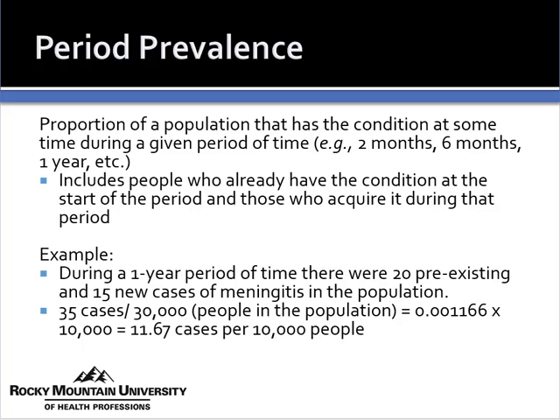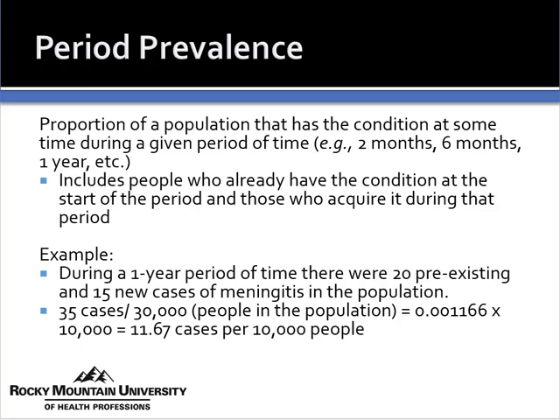So what period prevalence does is account for everyone in that period of time. If you did a point prevalence study, you may only capture a certain number of people. But if you do a period prevalence study, you're going to identify all those people who have the pre-existing condition and the new cases that occur.